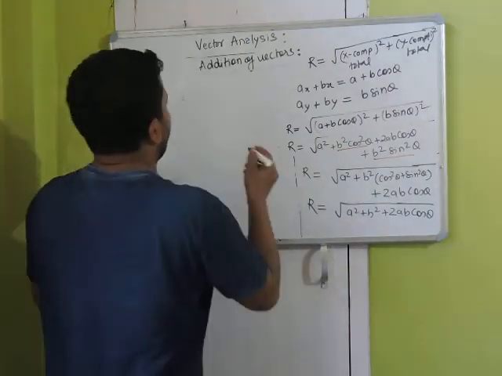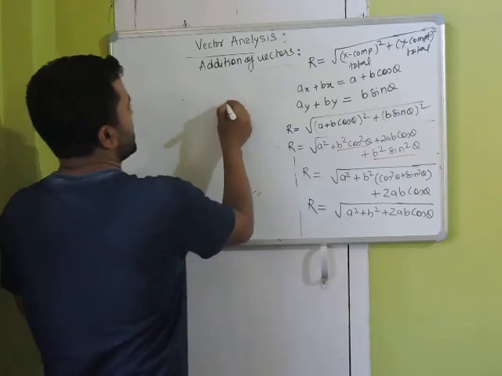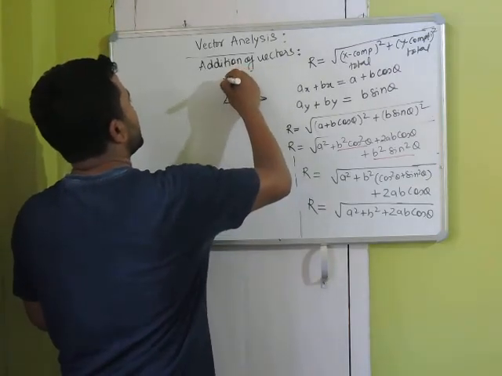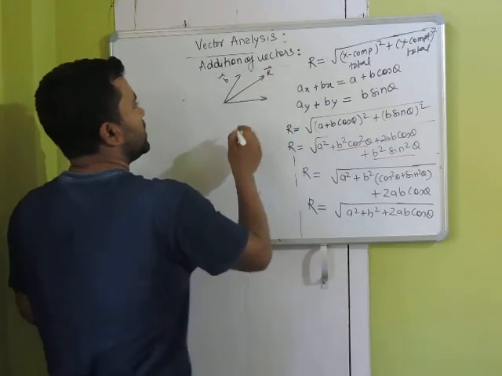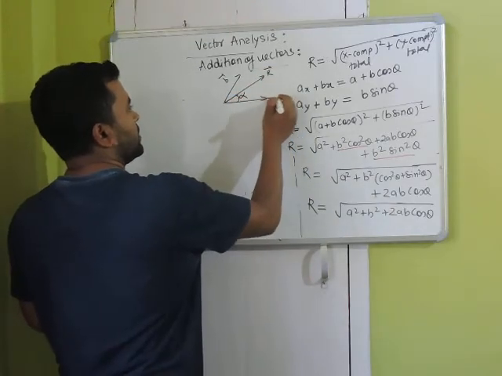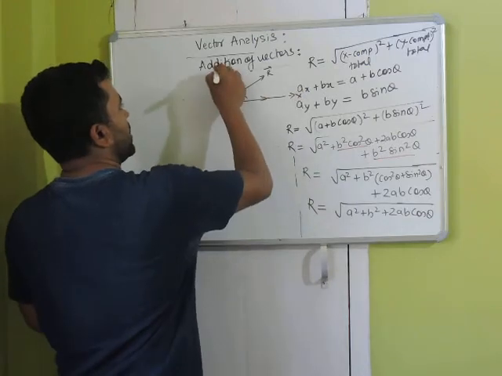So the direction of the resultant: in our case this was a, this was b, this was R, and this angle was alpha. This is x, this is y.